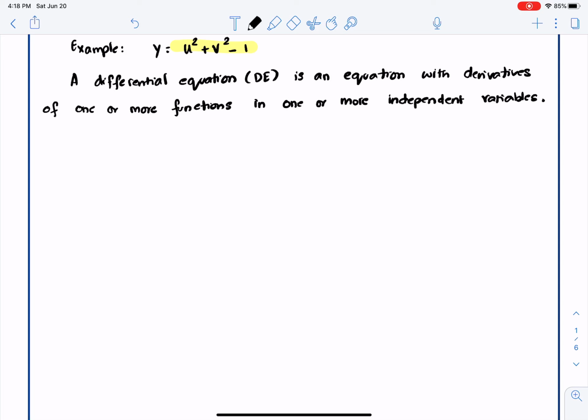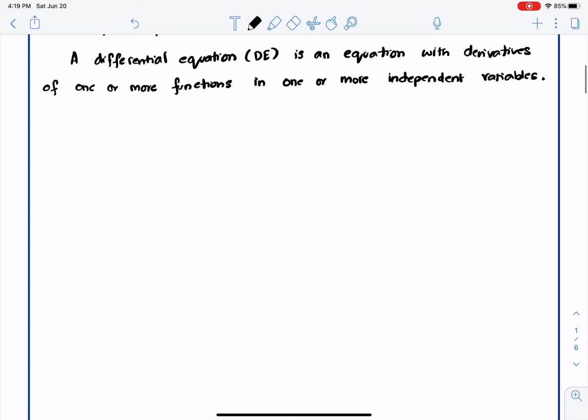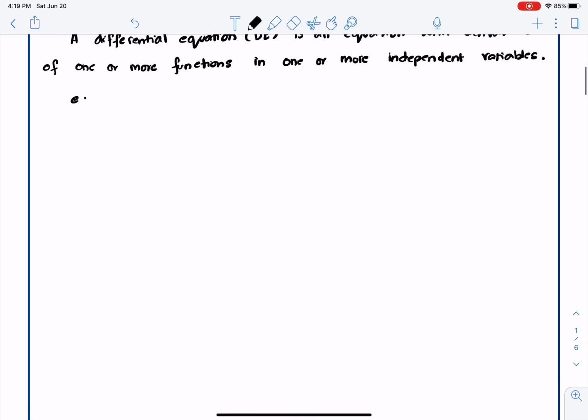Now, we could have more than one function in the equation, or we could have more than one independent variable. So let's take an example. dy over dx equals x squared plus 4.